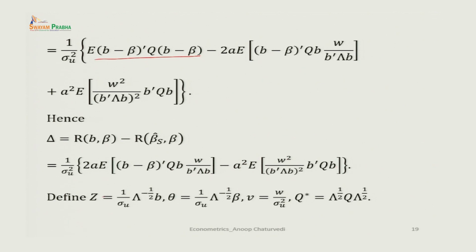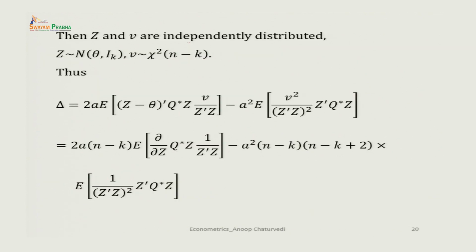And then we write z equal to 1 upon sigma u lambda to the power minus half b, and theta equal to 1 upon sigma u lambda to the power minus half beta, and v is equal to w upon sigma square u, and then we write Q star equal to lambda to the power half Q lambda to the power half. Then z and v are independently distributed. Z follows normal theta, I_k and v follows a chi square distribution.